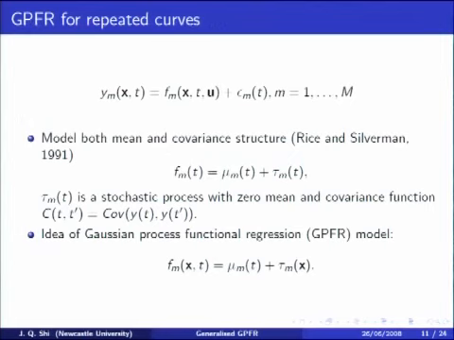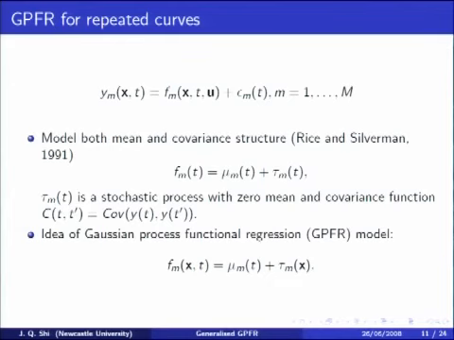Okay, now I start to discuss a Gaussian process functional regression model for repeated curves. From this slide, you can find that we borrowed the idea from Rice and Silverman's 1991 JRSSB paper. In their paper, they basically want to model both the mean and the covariance structure. But here we can just think of this T as a one-dimensional functional covariate.